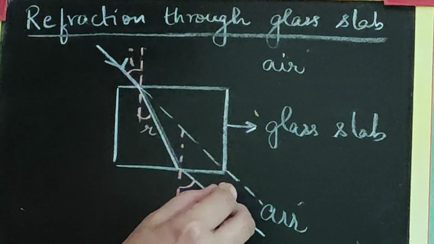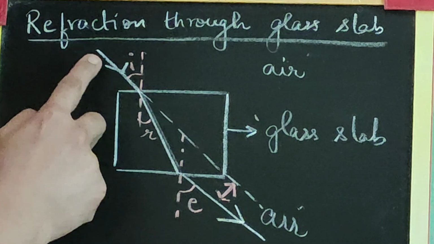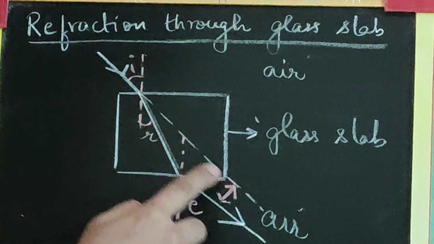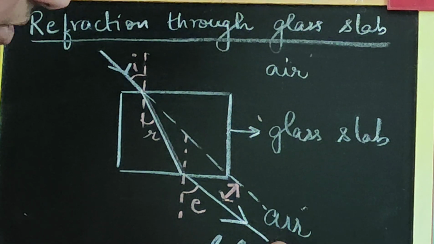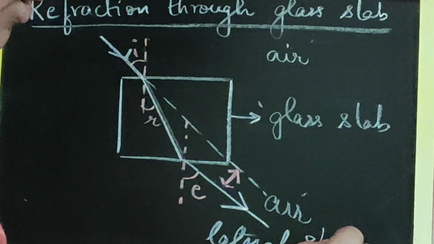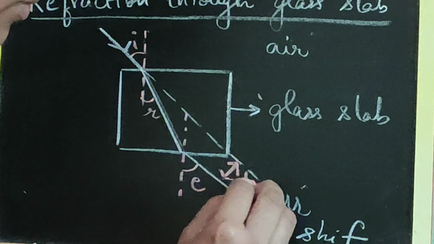The perpendicular distance between the actual path of light and the initial path which the incident ray was following is known as lateral shift or lateral displacement. It is represented by small d.